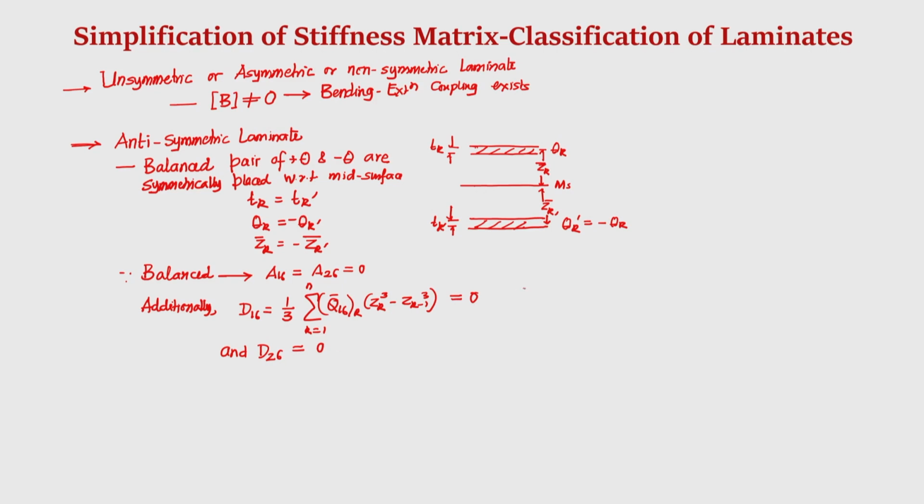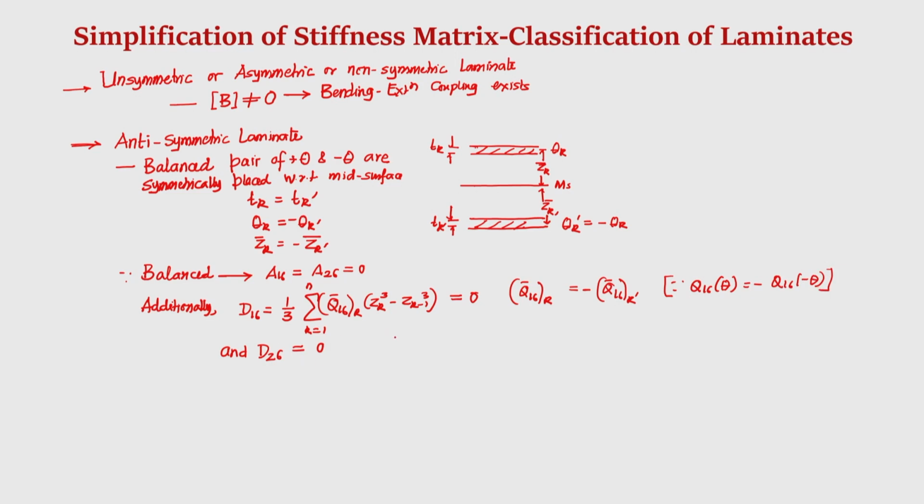Why? Because for each Q16 bar k for theta, there is a Q16 bar k prime which is negative, since Q16 theta is equal to minus Q16 minus theta. By the same logic D26 is also 0.